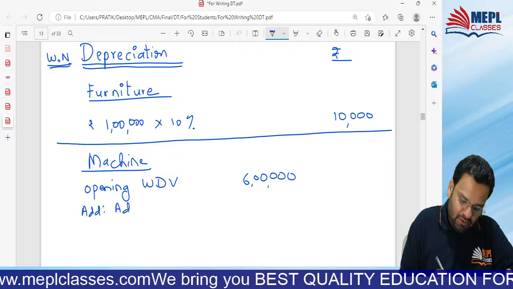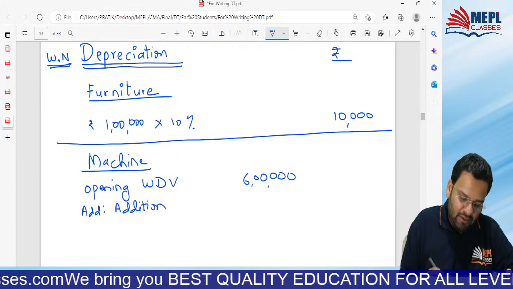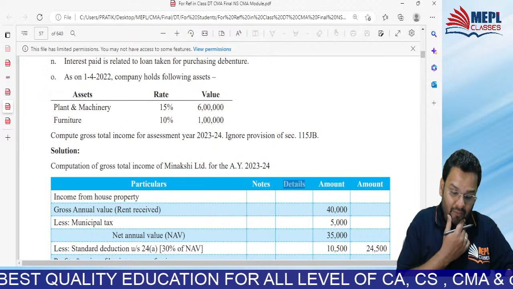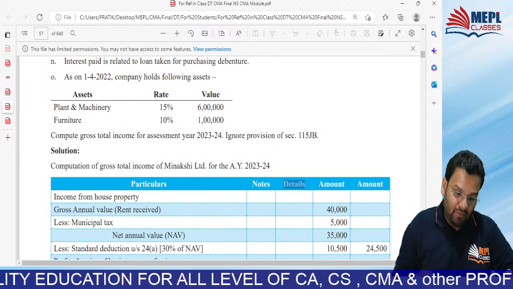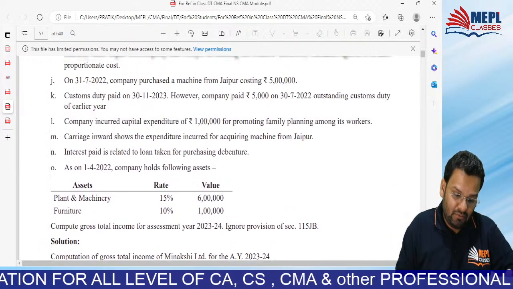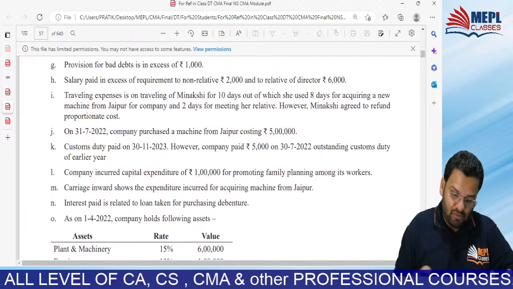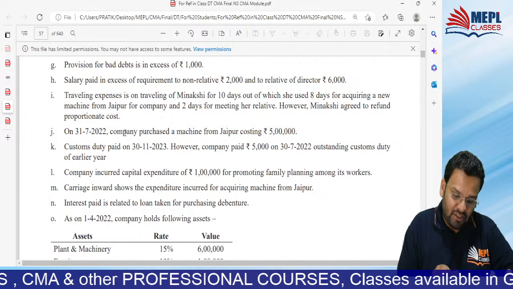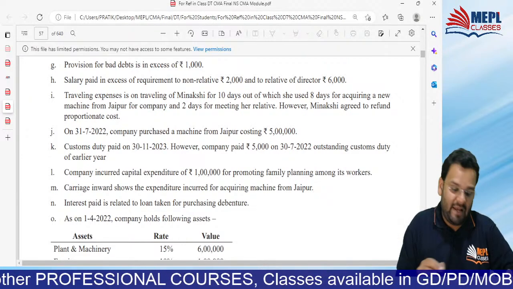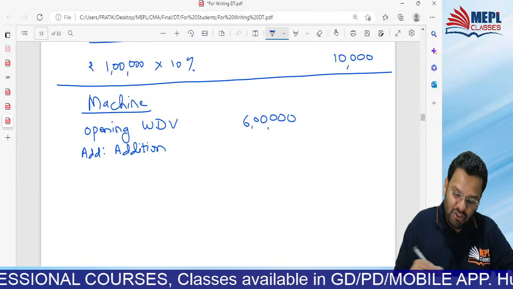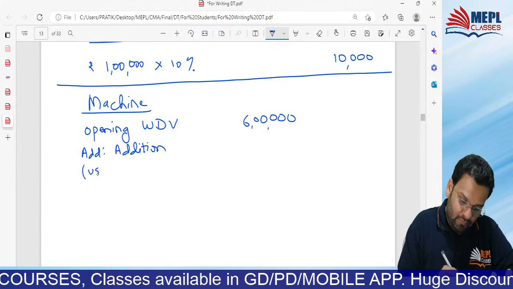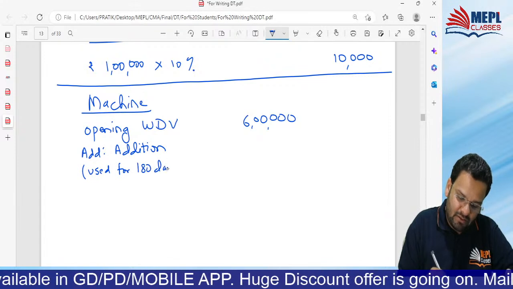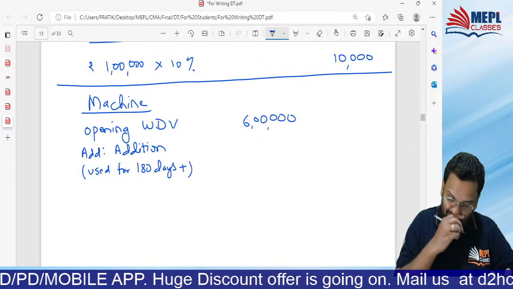Addition is very important. It's given in the question that you have purchased machine. On 31st July 22, company purchased machine for 5 lakhs. So add addition. This is used for 180 days and more.